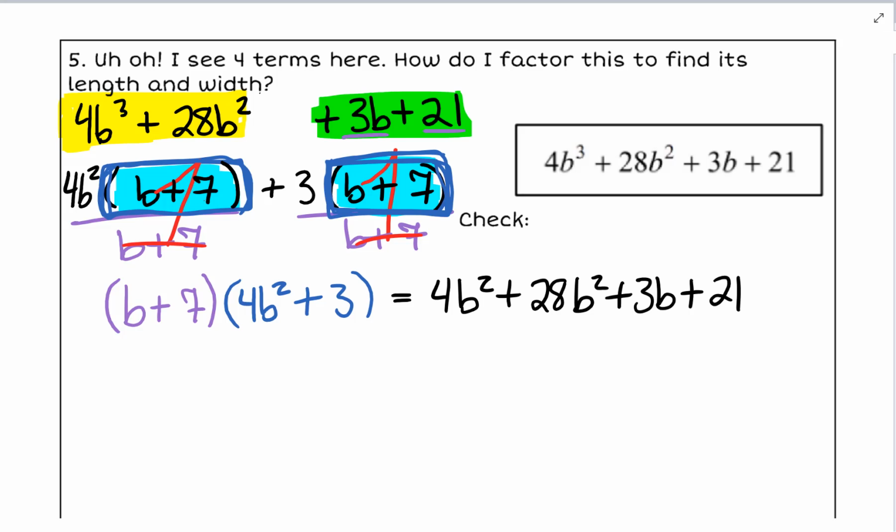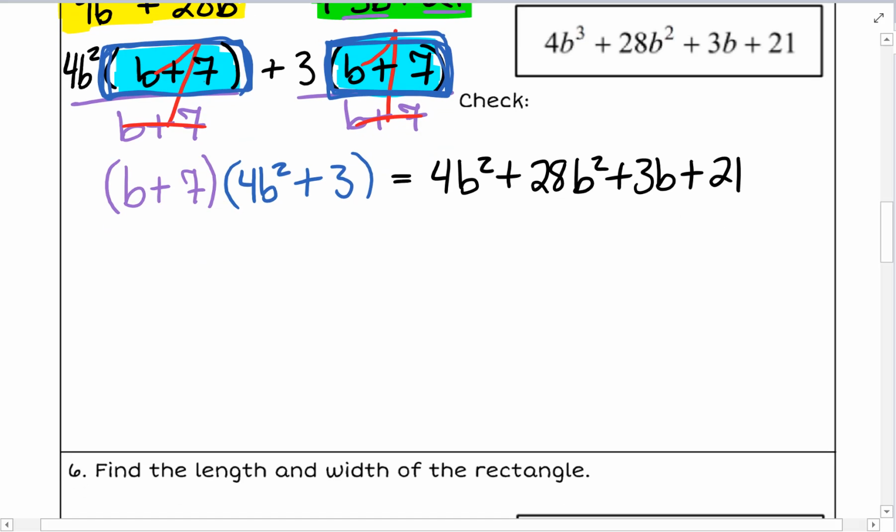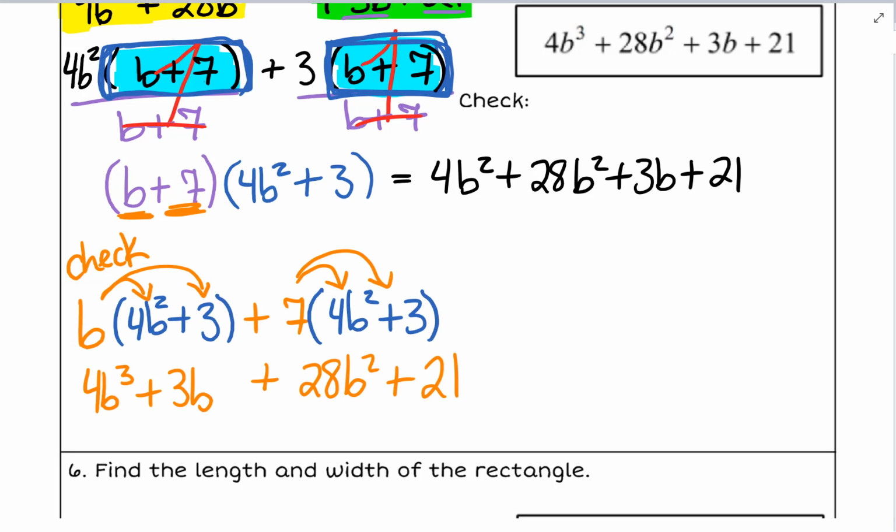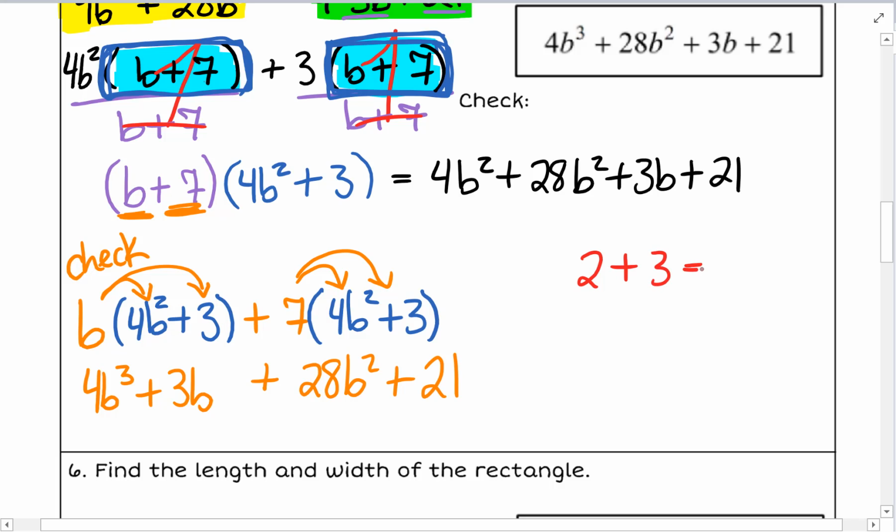So now we're going to check, and you can either check with double distribute or the box, whichever you prefer. Is that the same answer as we have here? Well, remember that addition is commutative, meaning 2 plus 3 gives you the exact same answer as 3 plus 2.